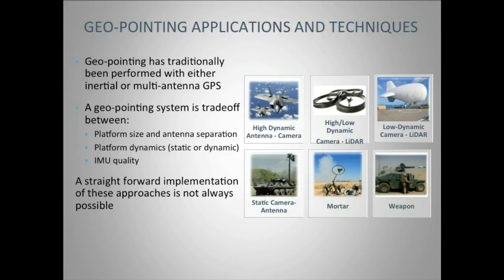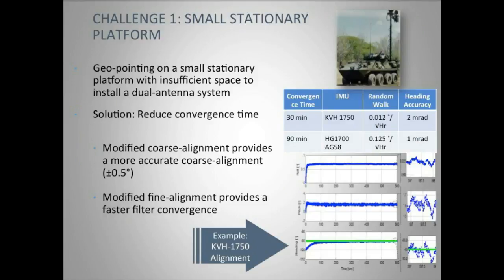So the first case is a challenging case, a small stationary platform. This is a case of a mast that's on a moving vehicle, in this case the tank. And at the top of the mast we have a sensor suite. This is several different sensors, and we need to be able to know their geopointing information.